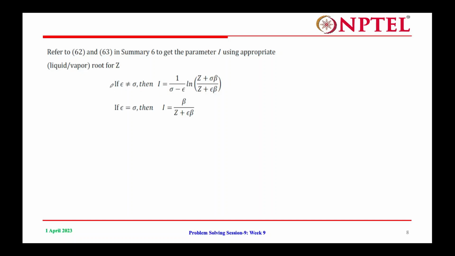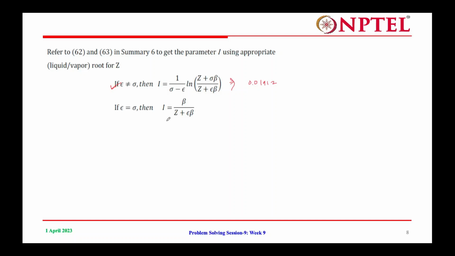So we put all the values and we'll get 0.01912, right?